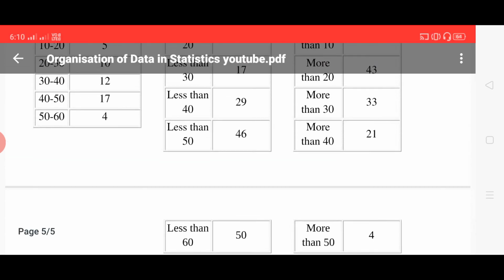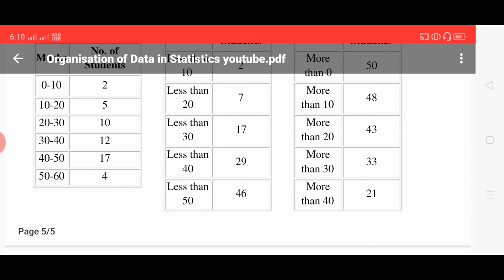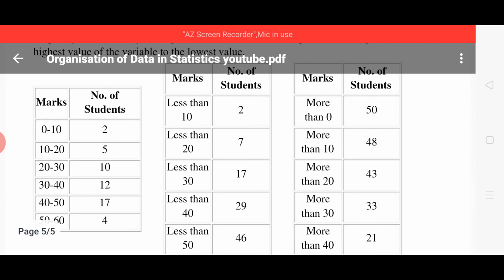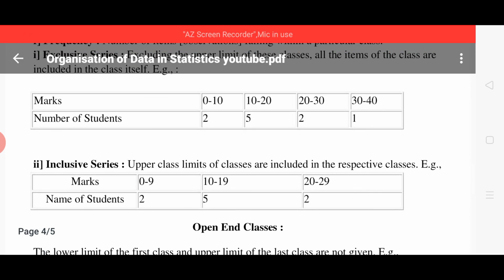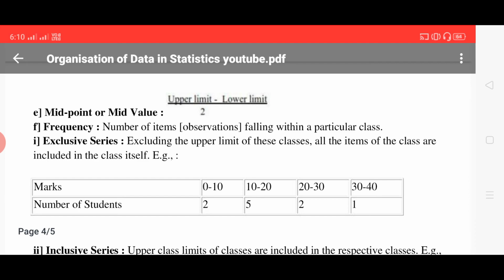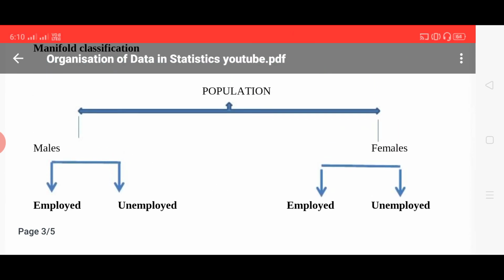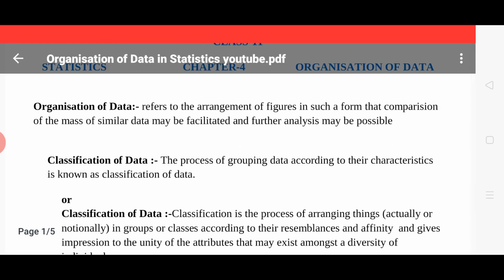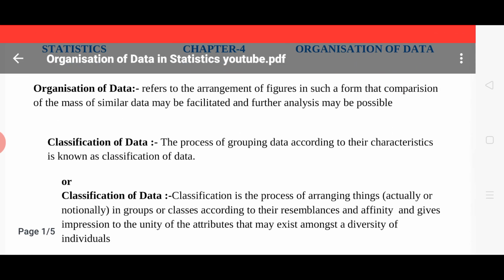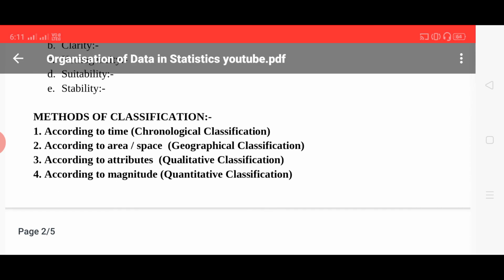So guys, this is basically your more than and less than. Then you are given inclusive and exclusive series, all are given here. And in this chapter, in this video, we did some basic things like organization of data, some basic terms, what is organization of data, classification of data, I am revising, then objective, then characteristics, then 4 methods: chronological, geographical, qualitative and quantitative.